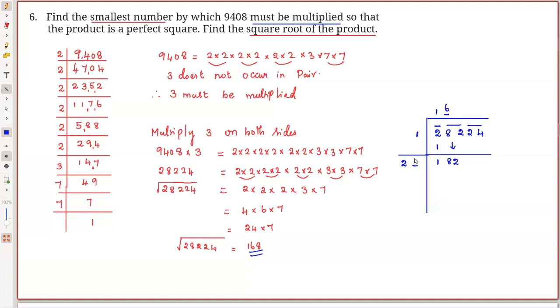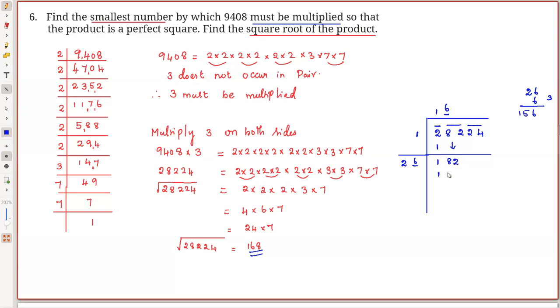Here 6, here also 6. Now you have to check. So 26 into 6: 6 6s are 36. Balance 3. 6 2s are 12. 12 plus 3 is 15. 156. If I go with 7, it will go more than this. We cannot take 7.